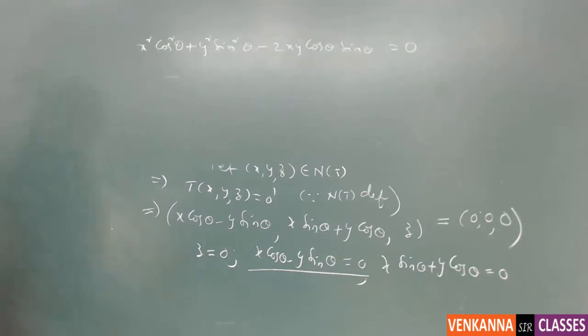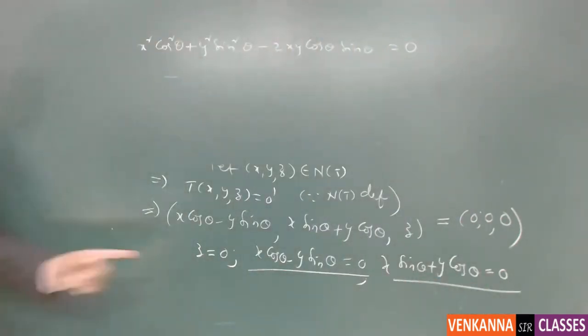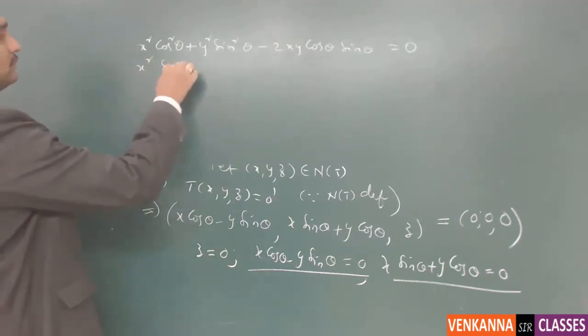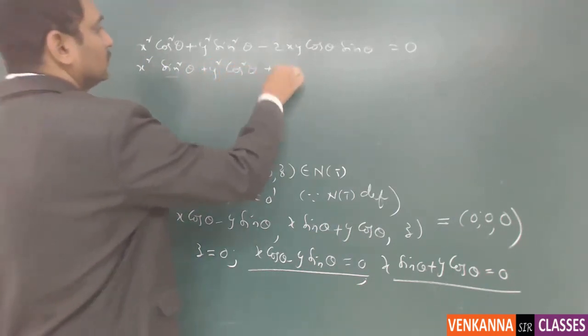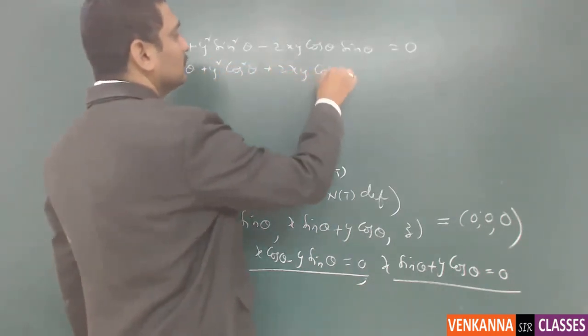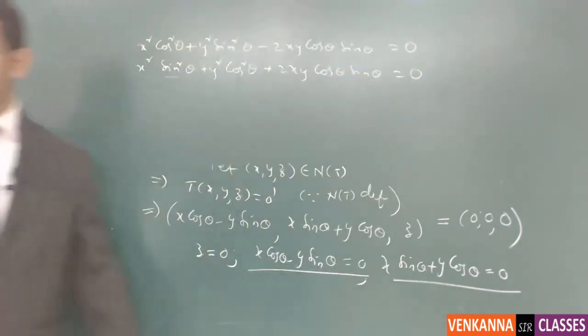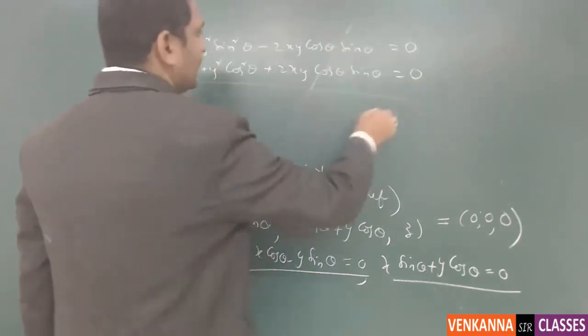Similarly, you square the second equation too. If you add them, the cross terms get cancelled.